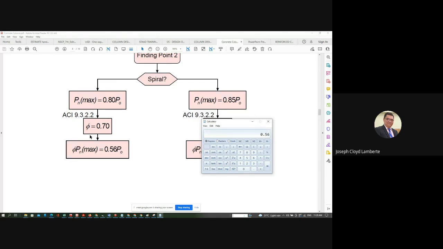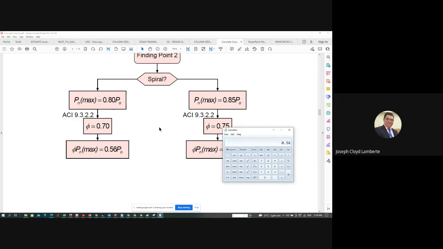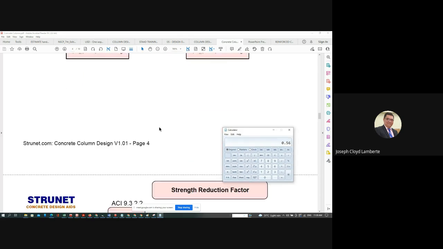Ang PO is reduction factor times PN. So muna lang yung ganina, 0.70 times 0.80 times PO. Ano siya karon? 0.56. While ang sa spiral is 0.85 times 0.75. So 0.64 siya. So makuha mo na. So na-reduce na siya, no?